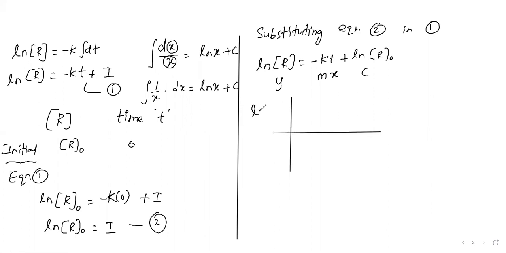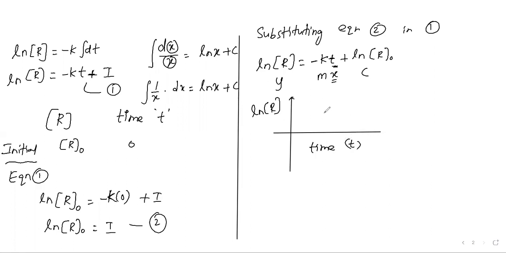So ln of R is on the y-axis, and on the x-axis, t is to be taken. You may have a doubt: why don't we take m equals t, x equals k? See, on the x-axis you are going to take the values of time t, not k. So x and t are equal.